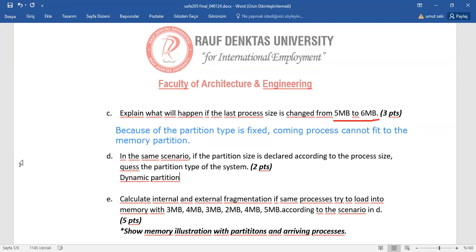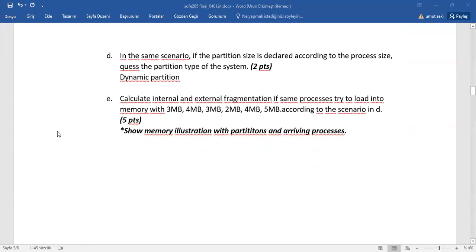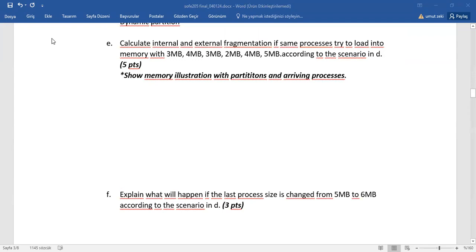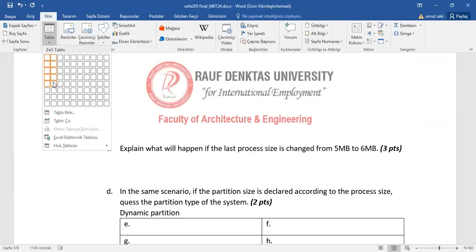So we have a similar partition question, but this time we will use dynamic partition to solve it in part E. Let's add the same table.